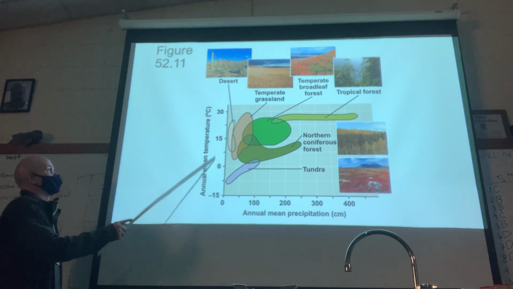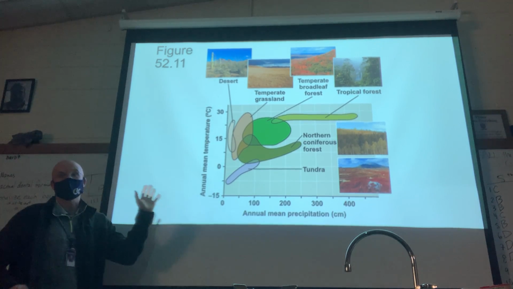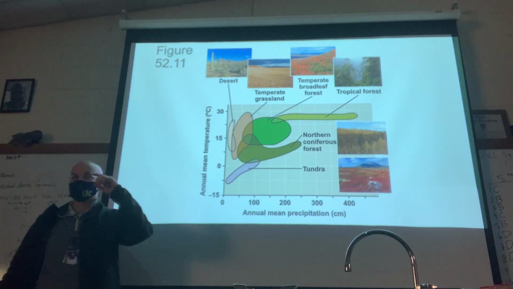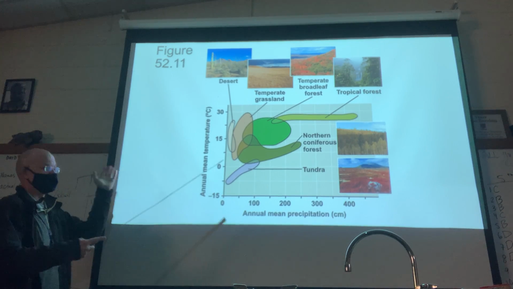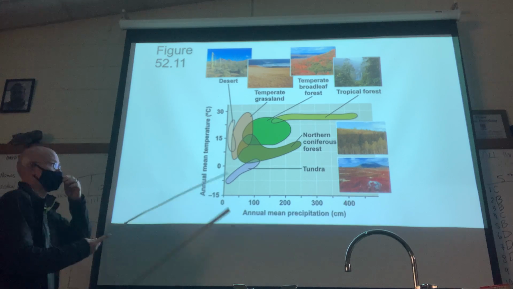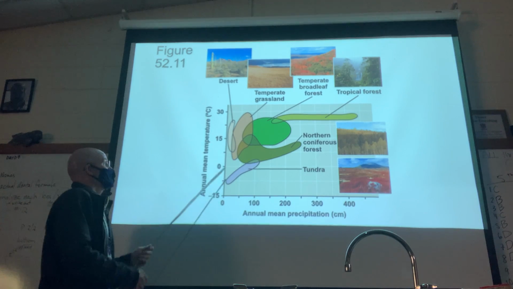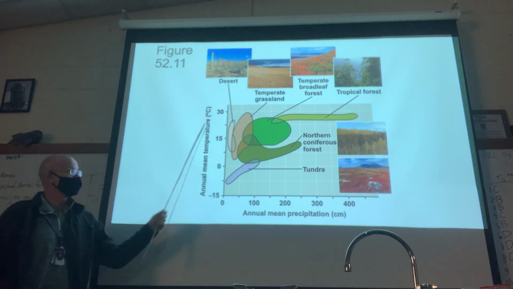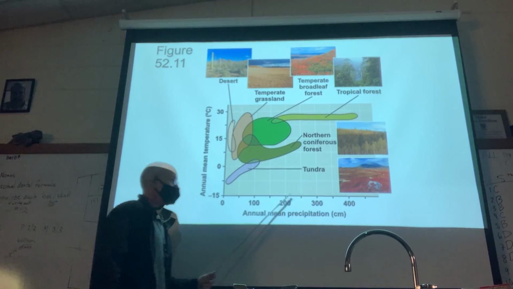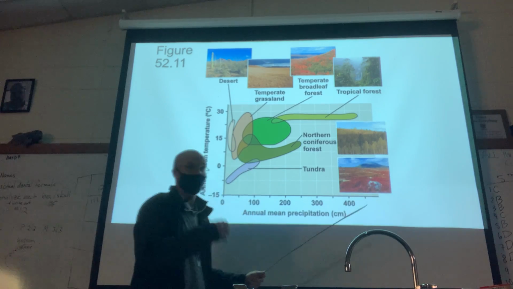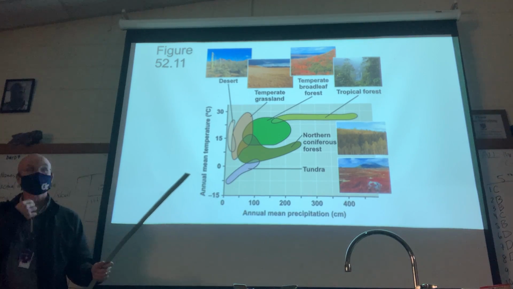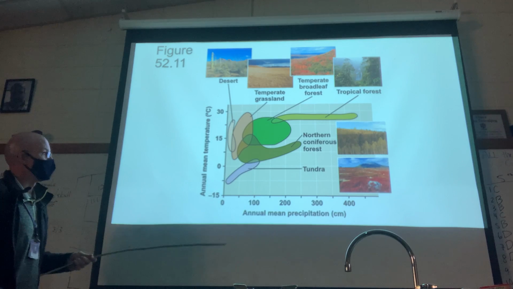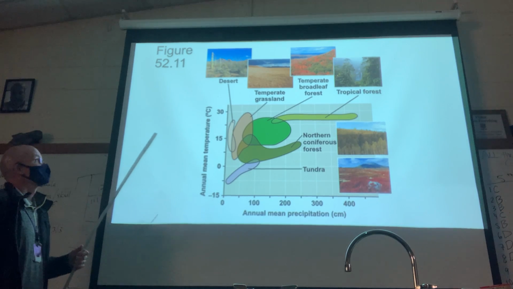So as you move up the y-axis here, and this is actually how you would probably be asked about something like this on the AP exam, being given some kind of graphical representation of the data. The higher you move up on the y-axis, the hotter. And then the further you move out on the x-axis here, the more precipitation. So the more water that falls from the sky.